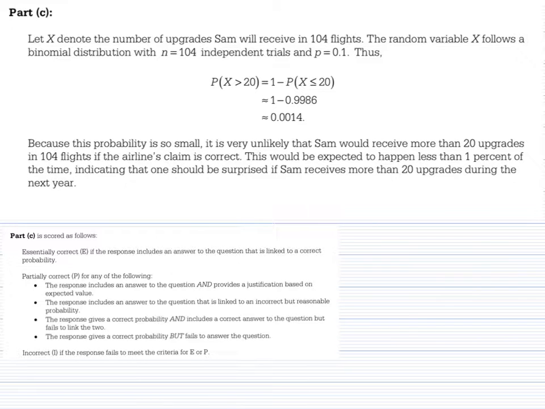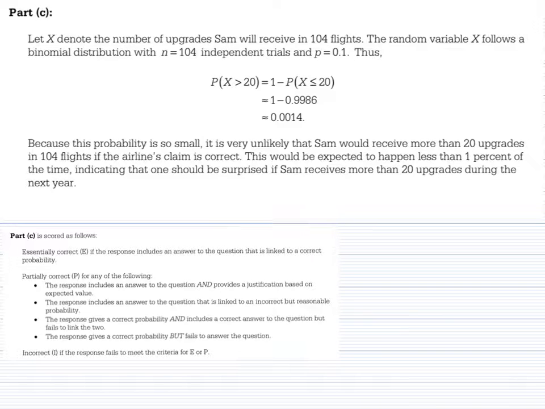So the calculation for that being greater than 20 is 1 minus the probability of being less than 20. So there's one way to go about it. It's very unlikely you would receive more than 20 upgrades if the airline's claim is correct.